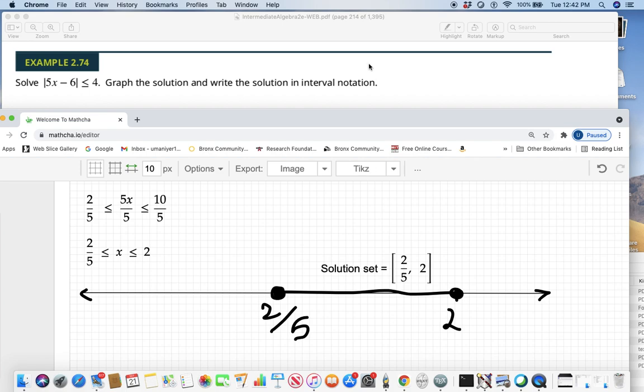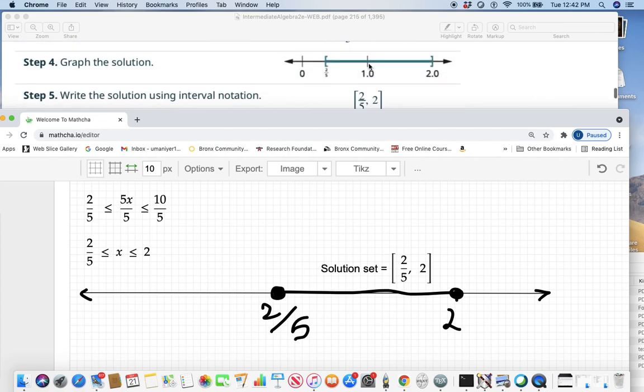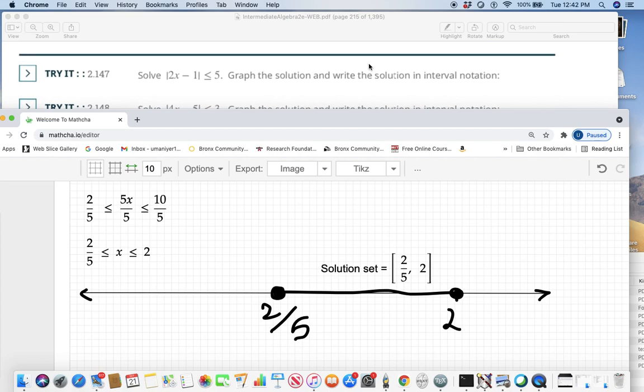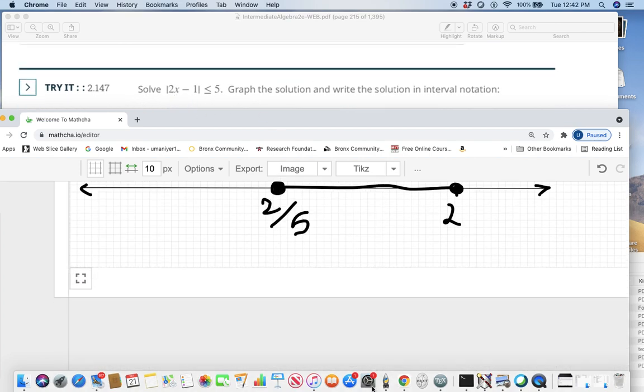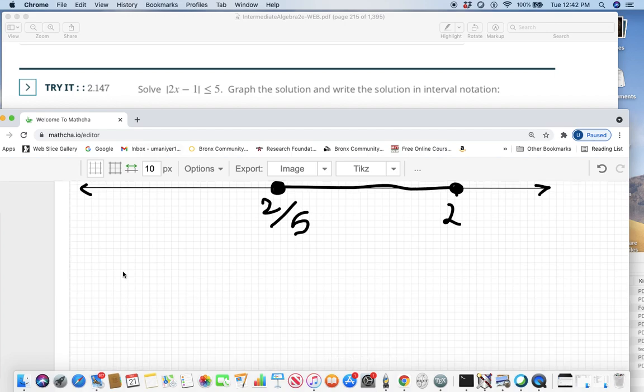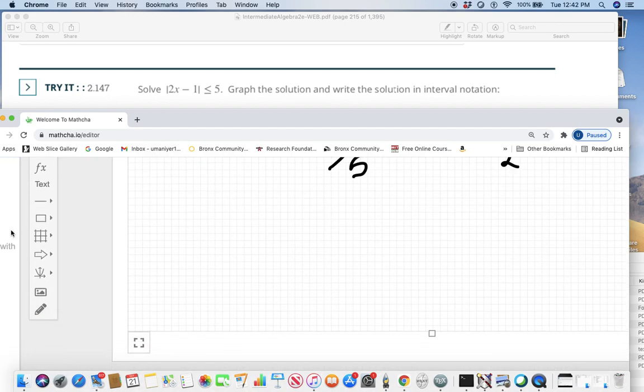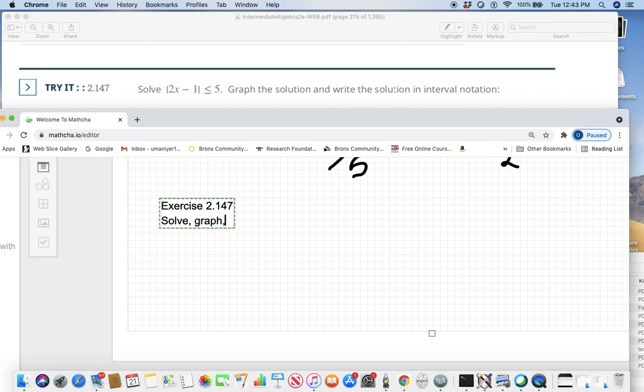All right, let's try one more. Exercise 2.147. Solve, graph, write solution in interval notation.